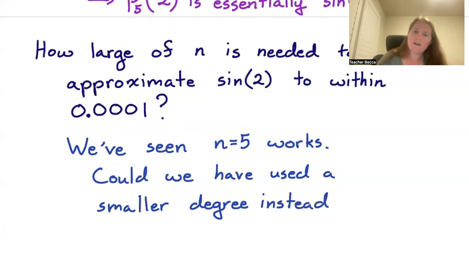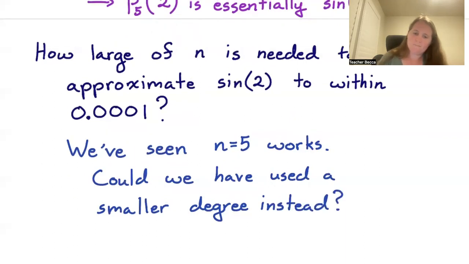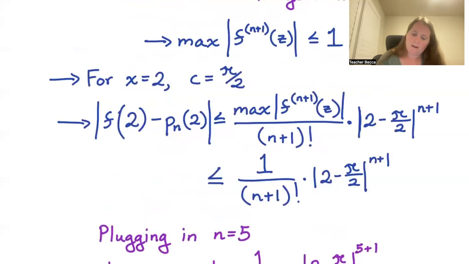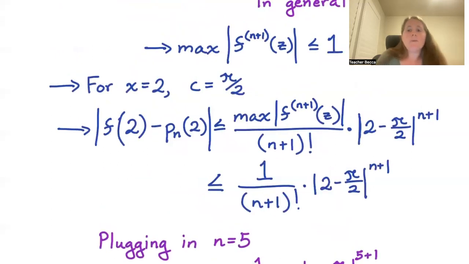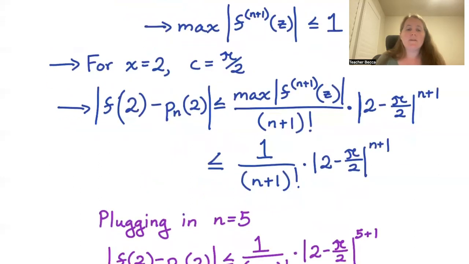So if we look back at our work, we had an error bound that was just in terms of our general n, right?